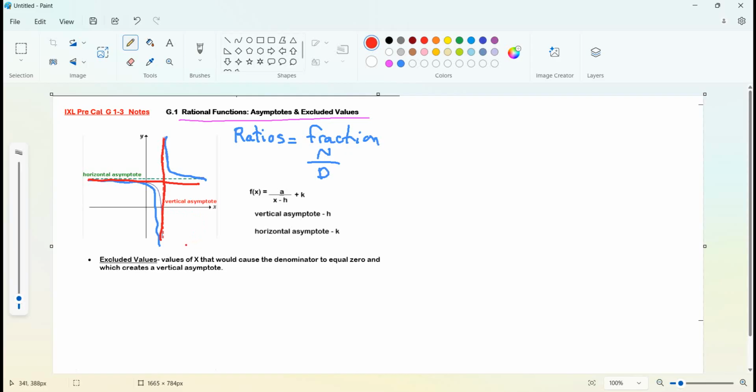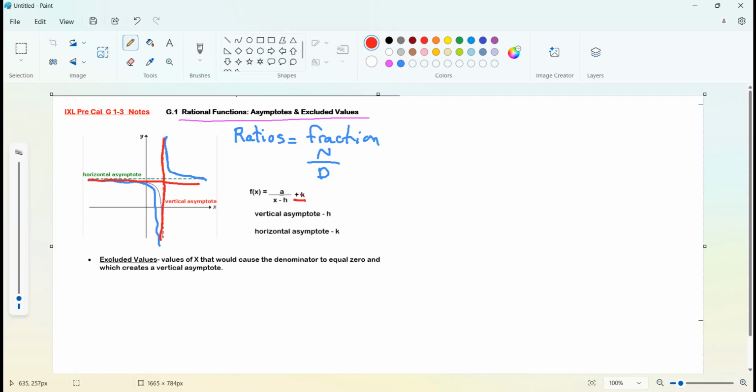So we're going to do some work looking for these on graphs as well as in the equation. A rational function is in this form that you see right here. That's called the standard form, where the x variable will be in the denominator, and the vertical asymptote is going to be this number over here. I'm sorry, horizontal is going to be over here.